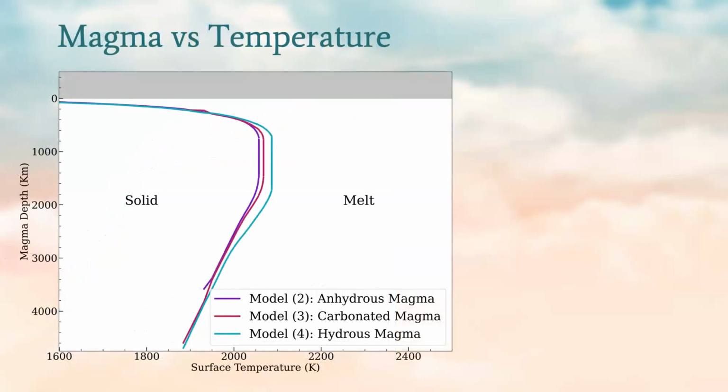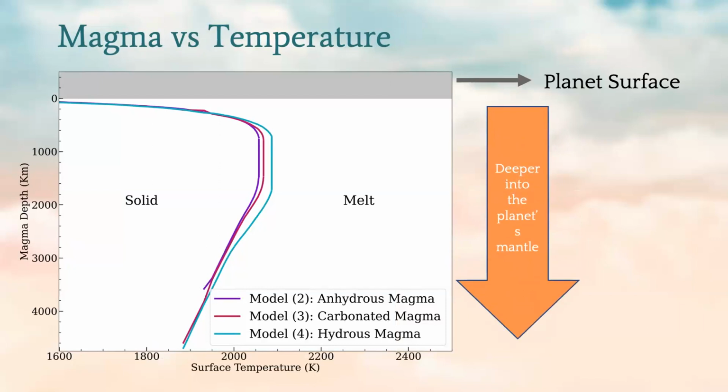So if we were to look at one planet by itself and look at what's happening within the mantle, what you see here is the planet's surface in gray, and then as you go down the y-axis, you're going deeper into the planet's interior. And then the x-axis, once again, is temperature. So as you increase the temperature of a planet of constant mass, and we're looking at a 4-Earth mass planet here, you'll notice that the depth of the magma ocean at the surface increases.